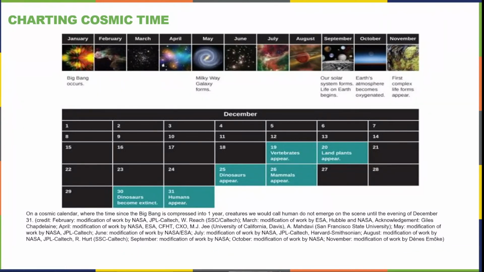Okay, and so to close this chapter, the charting of the cosmic time, this is our cosmic calendar. Let's say the universe, everything, started in January. So the Big Bang occurs in January.